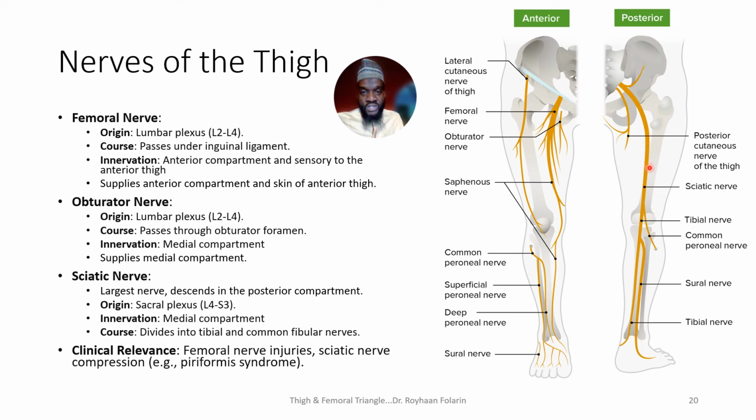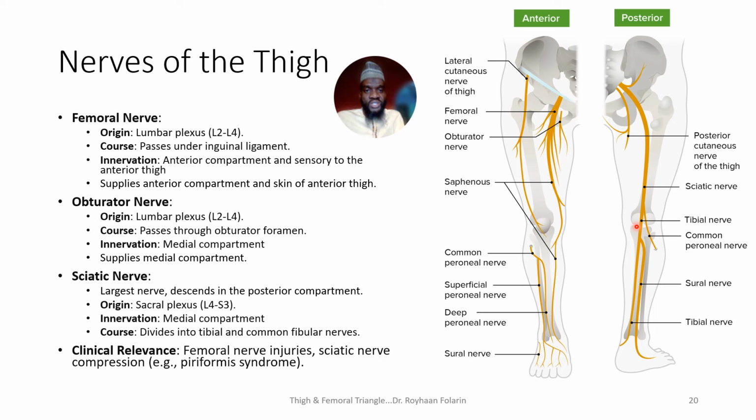That's the biggest nerve in the body, and it originates from the sacral plexus, with contribution from L4. So from L4 to S3, that's the origin of the sciatic nerve, and it innervates the posterior compartment of the thigh, and it divides into the tibial and common peroneal nerves when it gets to the popliteal fossa.